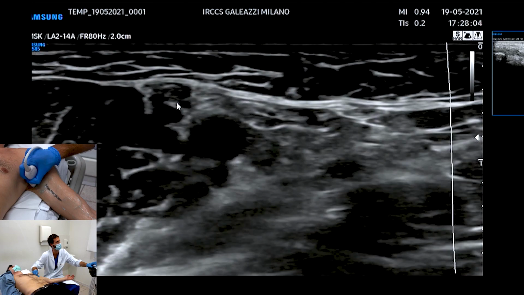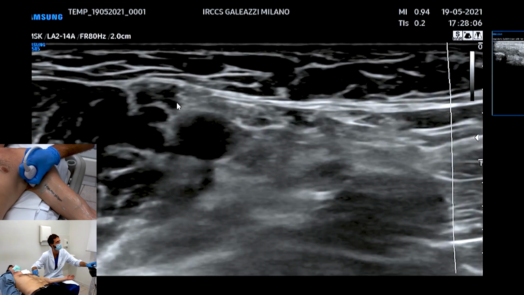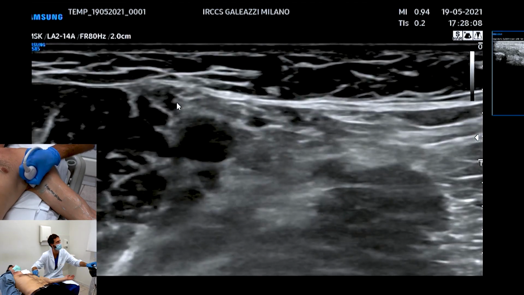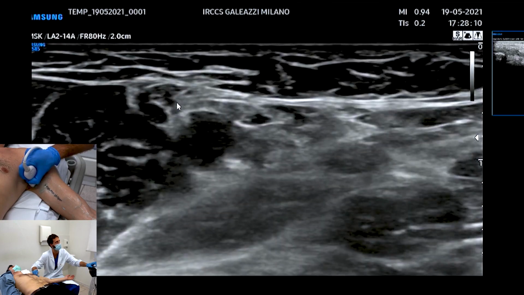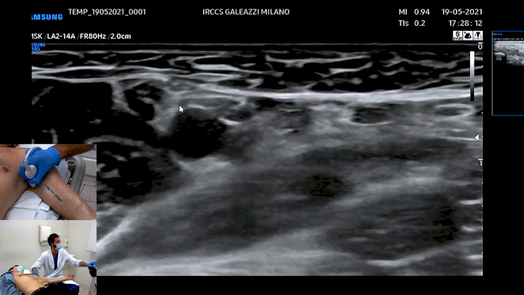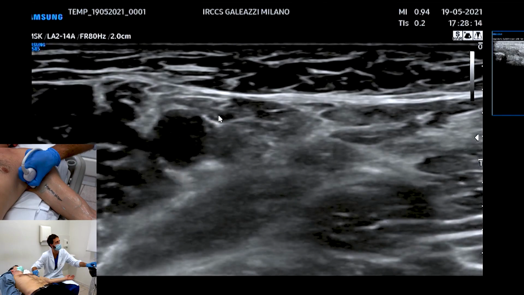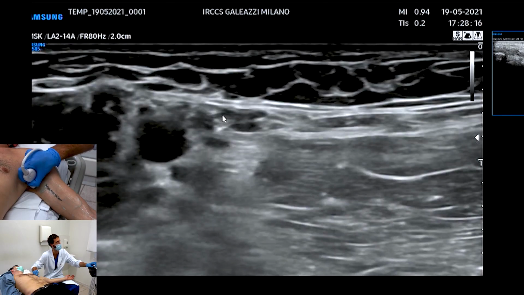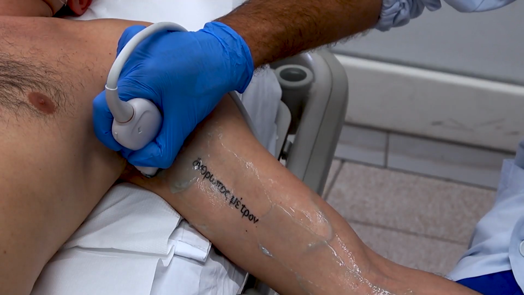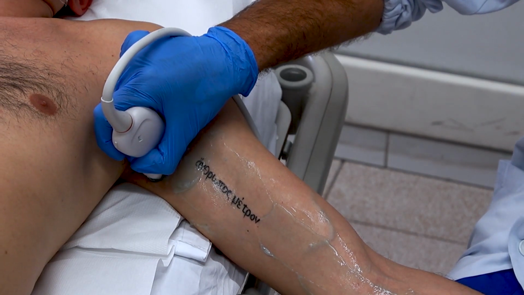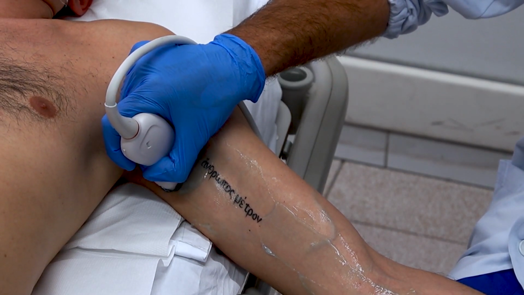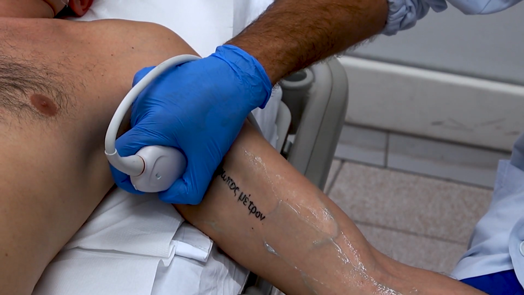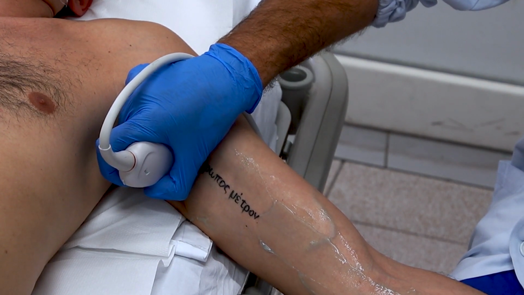At this point, we should differentiate the median nerve from the other nerves exiting the brachial plexus, specifically the ulnar nerve, which is located medial to the brachial artery, and the radial nerve, which is deeper to the brachial artery.